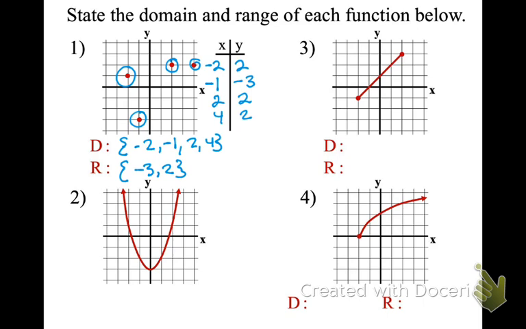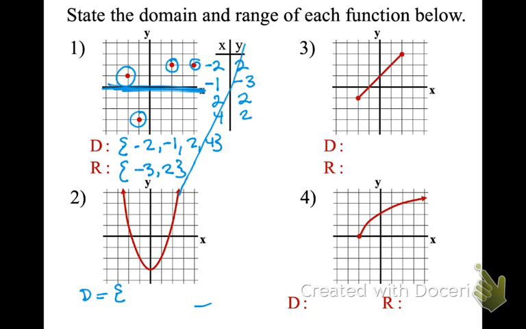Okay. Number 2 gets a little bit tricky. Now, when we talk about domain, we're talking about our x. So it's really how wide. When we talk about range, we're talking about our y, how high. So really, what we want to know with our domain here is how wide will I eventually use all these x's?